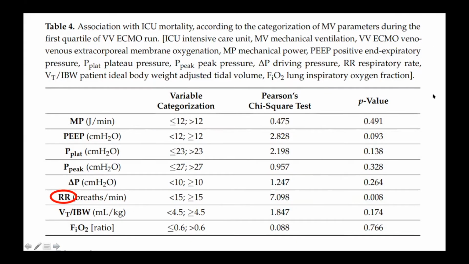Therefore, in the association with the ICU mortality, it came down to just a very important finding that it was the respiratory rate which was very significant as a predictor of the outcome in this study.